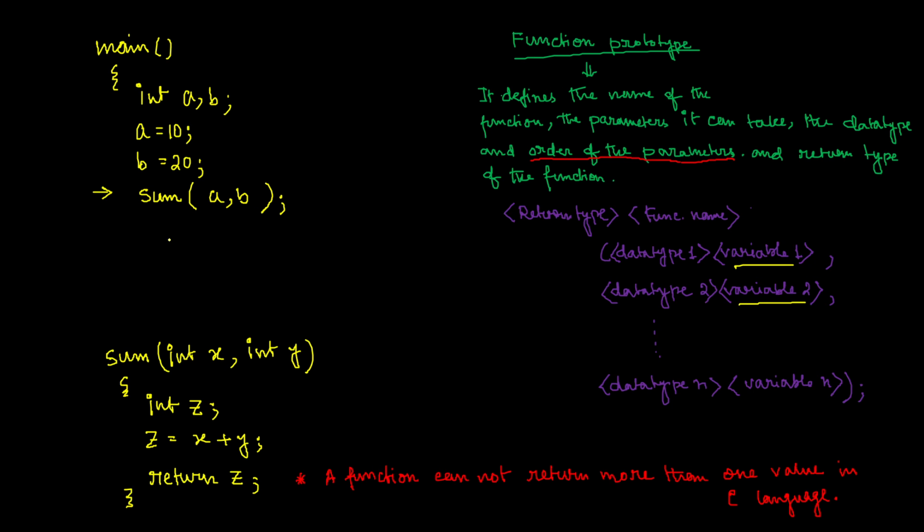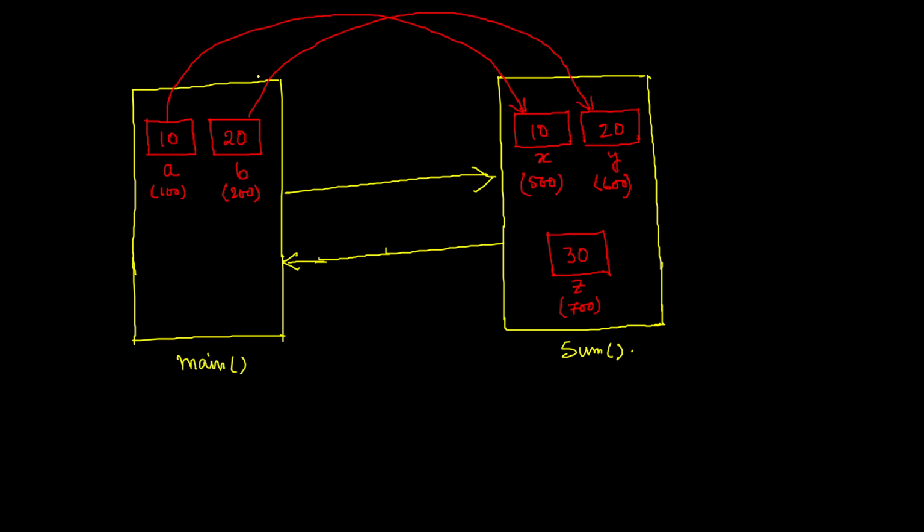Now to copy this, where will I copy? I don't have any other variable over here. So I must write another variable, suppose c over here, where it should get copied. Suppose its address is 900, where the result should get copied.